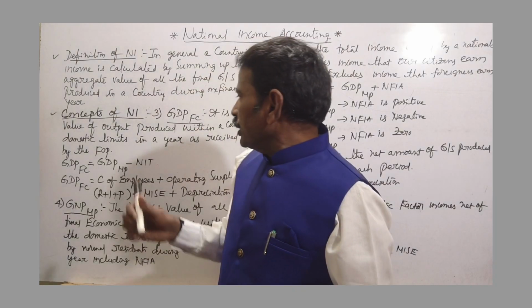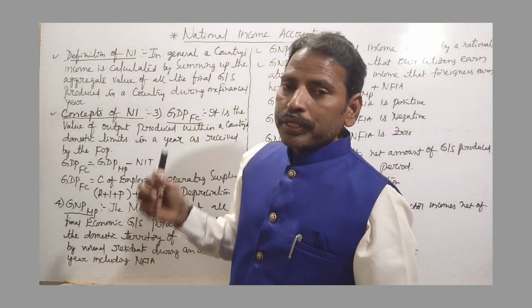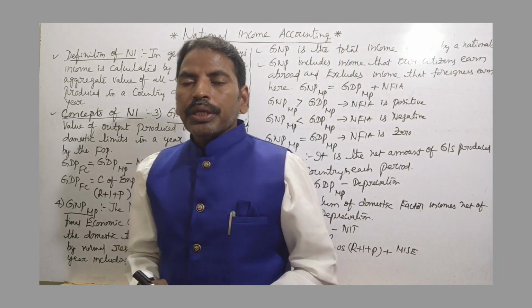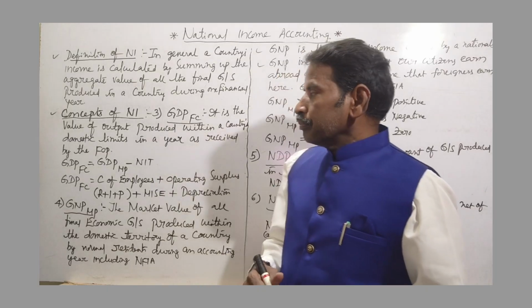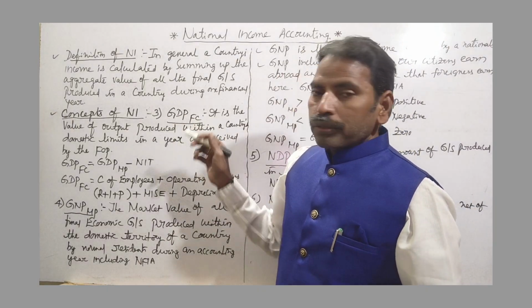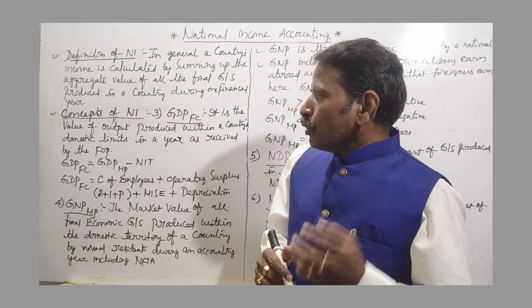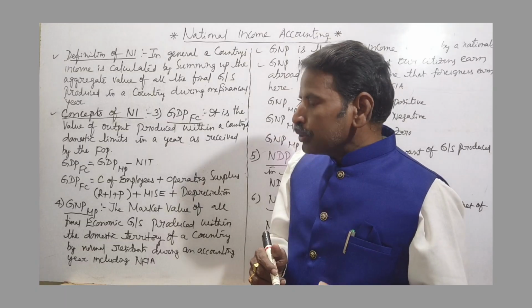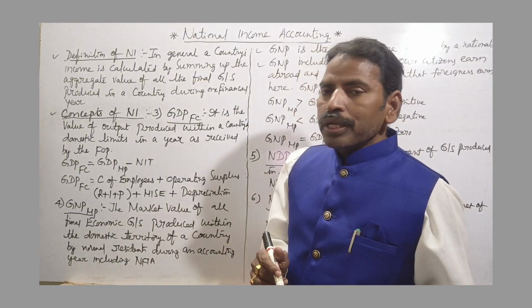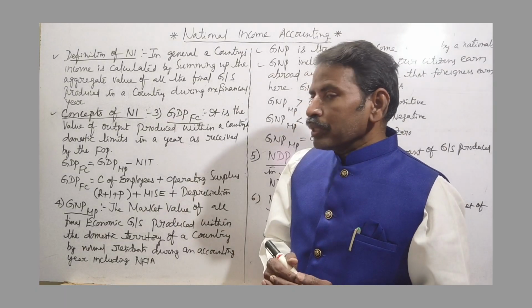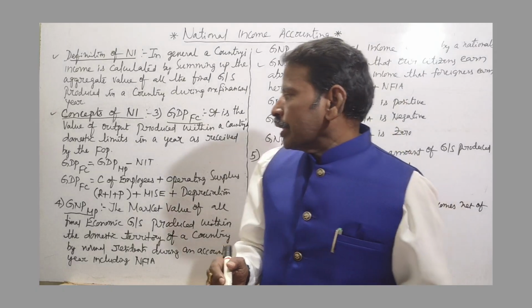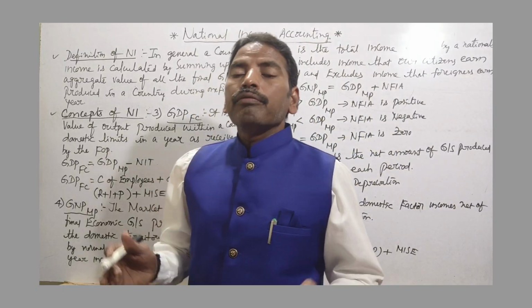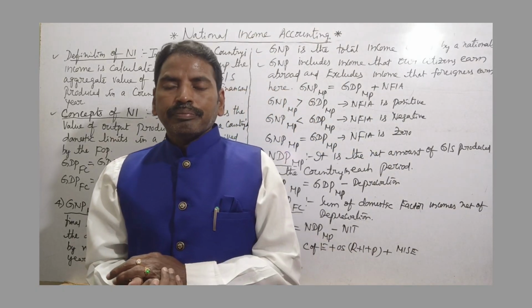The third one is GDP factor cost. GDP factor cost is the value of output produced within a country's domestic limits in a year as received by the factors of production.